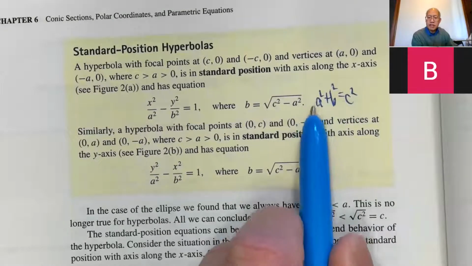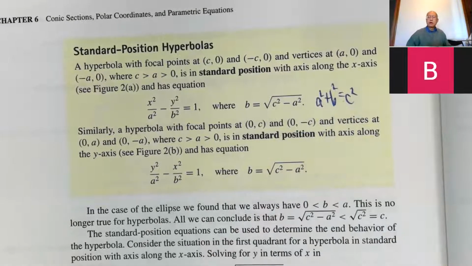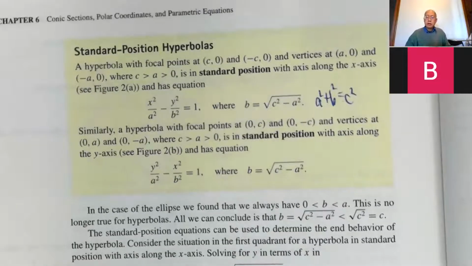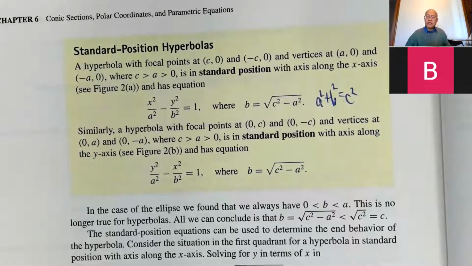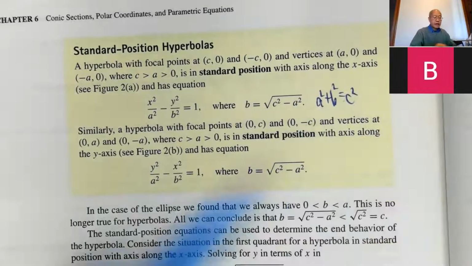For the hyperbola, it's a squared plus b squared equals c squared. Again, if we were meeting face to face, I'd make you memorize these. But the way I would do it, so I digress a bit, for the hyperbola.